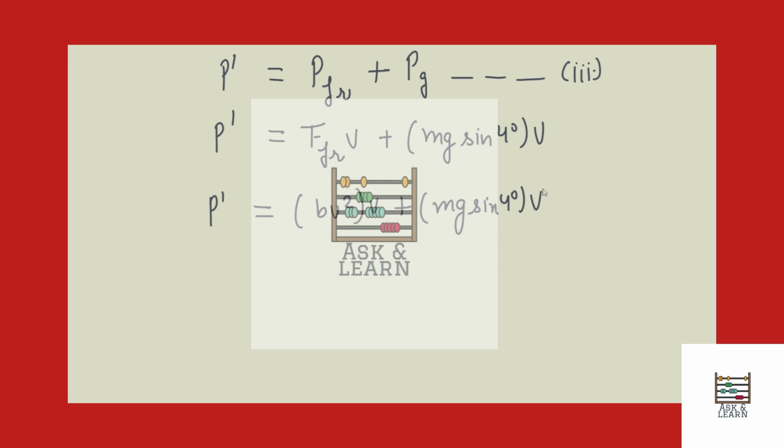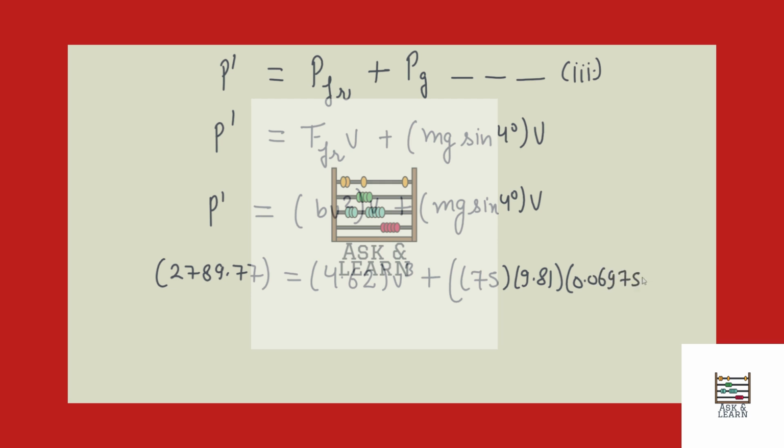Now on substituting the value, we get 2789.77 equals 4.62 multiplied by v to the power 3 plus 75 multiplied by 9.81 multiplied by 0.06975 multiplied by v.